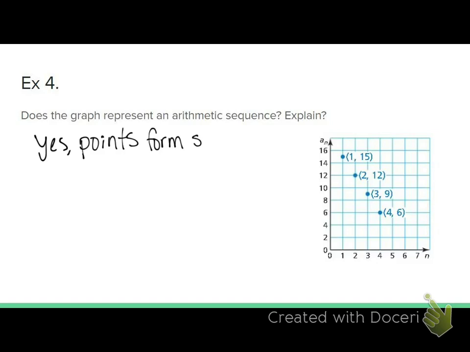That would be a wonderful explanation. You could say there's a constant rate of change. That would be descriptive of the slope. That would be another way of explaining it. If there's a constant rate of change, it would be linear.